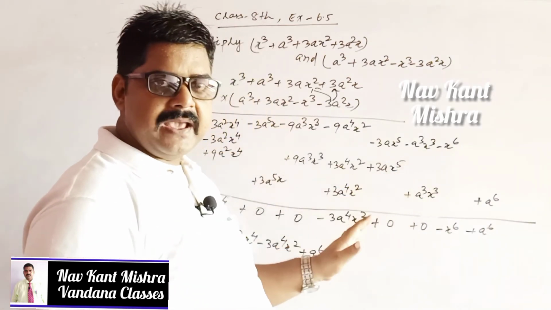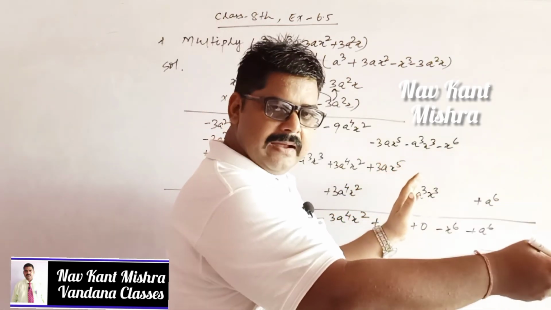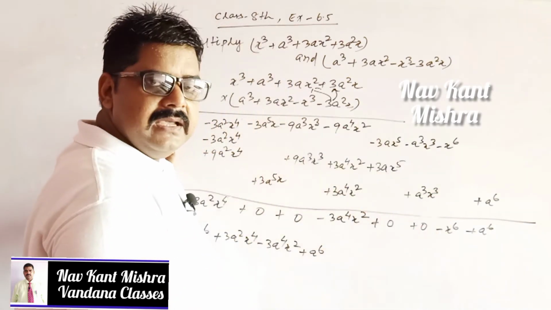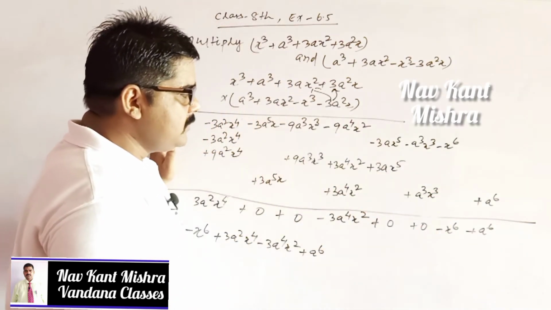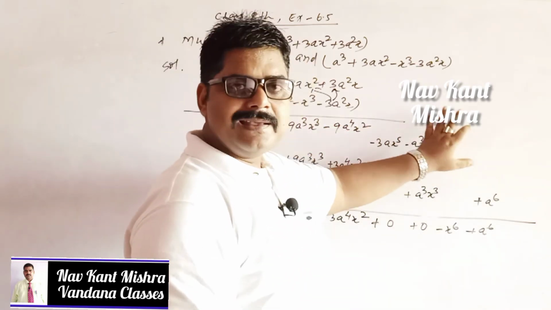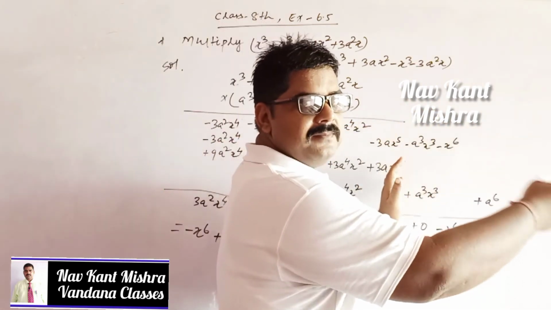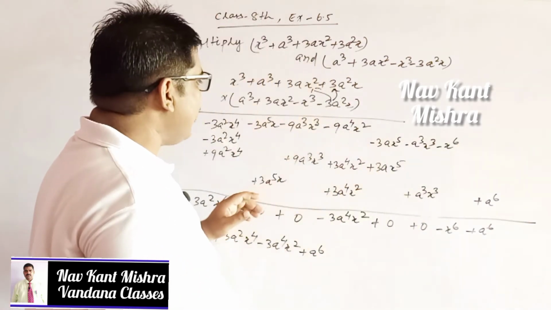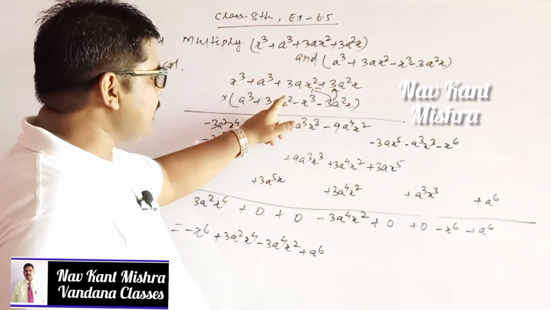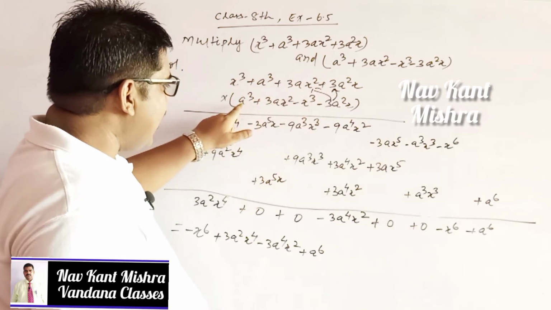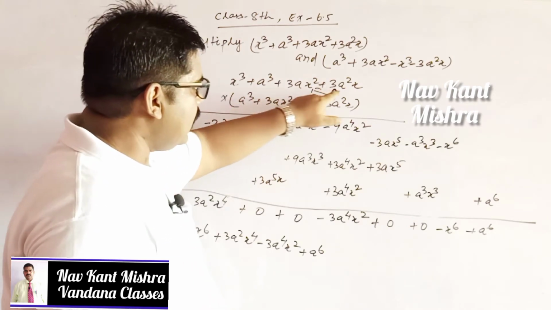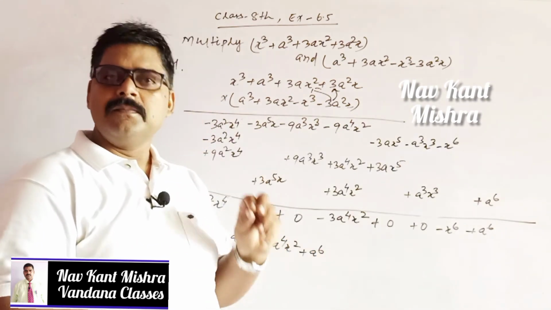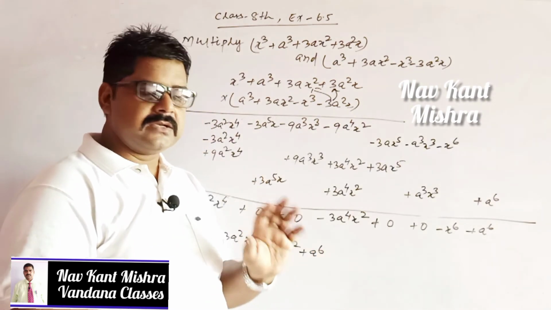Here you have to just pay attention. Either you write in the right extreme or left extreme, it depends upon your wish. I have written here in the right extreme, means right side, in the separate column. Similarly, you have to multiply 3ax square to all these terms, and also a cube to all these terms, and write down in the proper column in a systematic way.